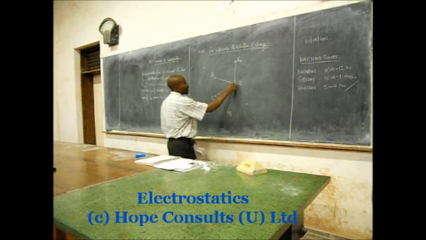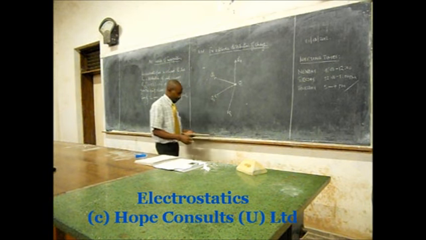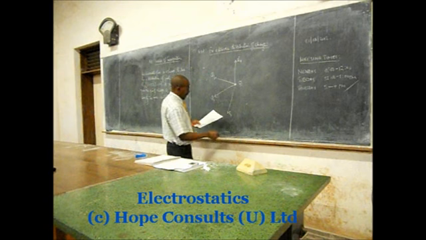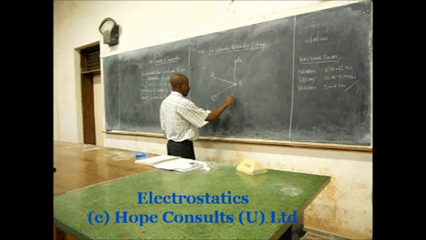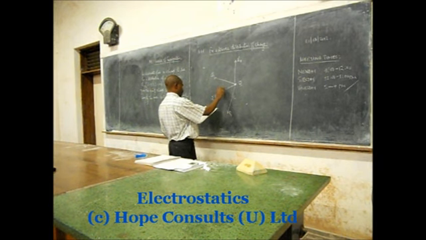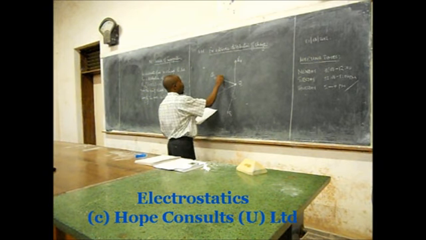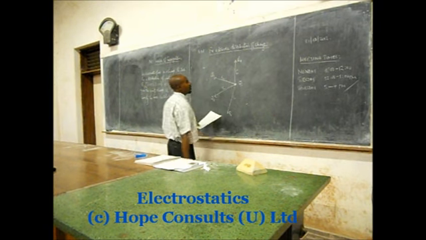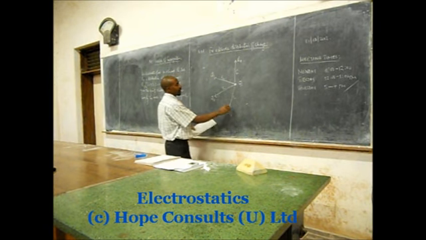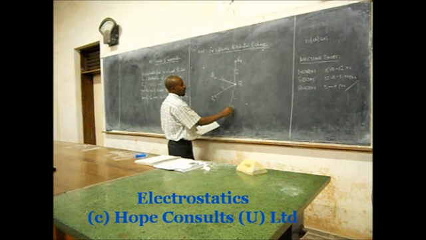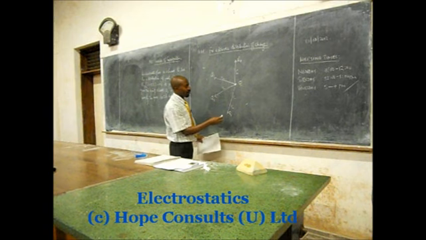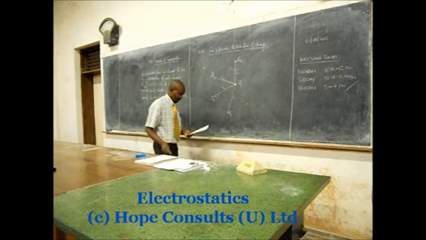These charges will all affect it. This is R10, R20, R30, R40. In other words, we could have just written Ri0, where i is 1, 2, 3, etc.